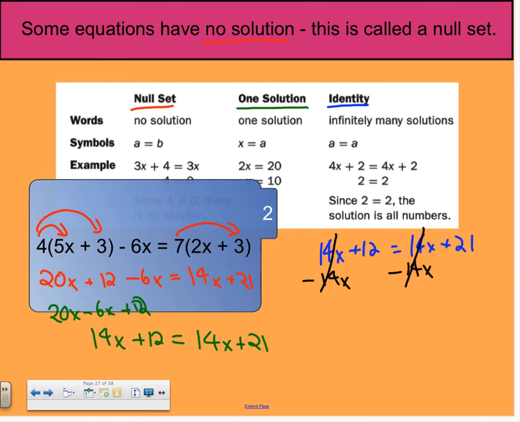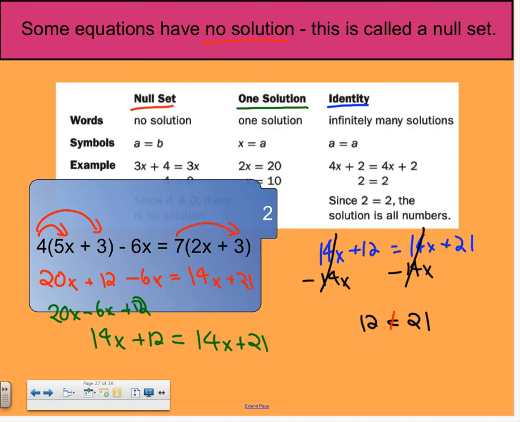And what do I have left on this side? 12. What do I have left on this side? Well, we have a problem. Because the last time I checked, 12, thank you, Devin, 12 doesn't equal 21, right? If you put a little line through the equal sign, it means does not equal, okay?